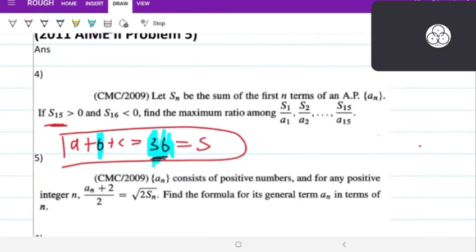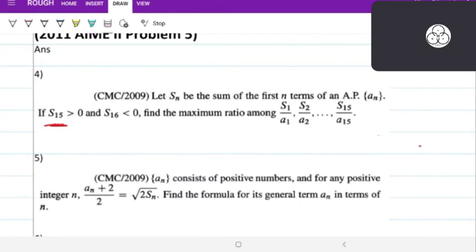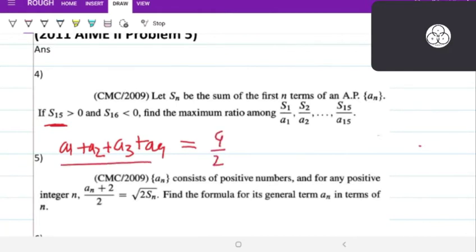Now what about when the number of terms is even? A1, A2, A3, A4. Their sum is equal to 4 by 2, that is n by 2, into A2 plus A3. Why?